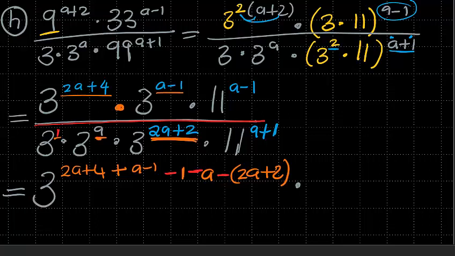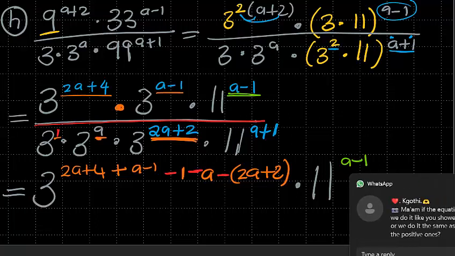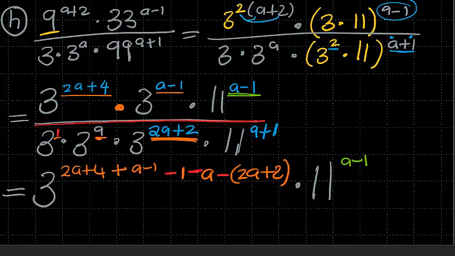Now we're going to do times 11. And our 11 is going to be a minus 1. That's all the numerators. I'm going to the denominator now. So I am going to subtract this one, which is going to be in brackets a plus 1. The next step that I'm going to take is I am going to get rid of my brackets.